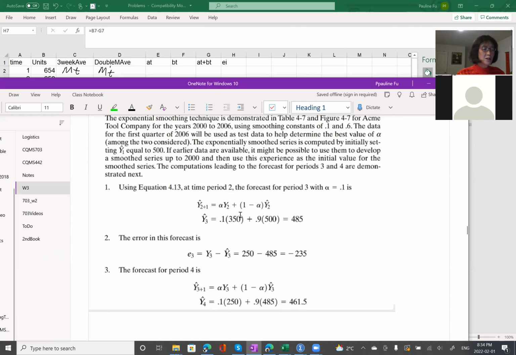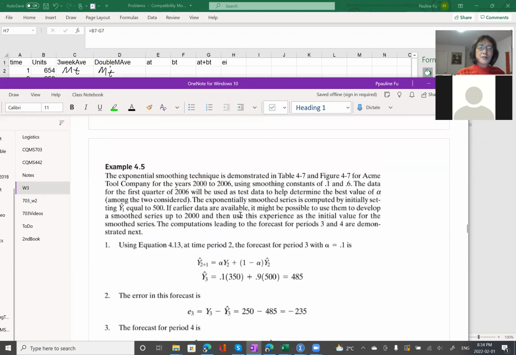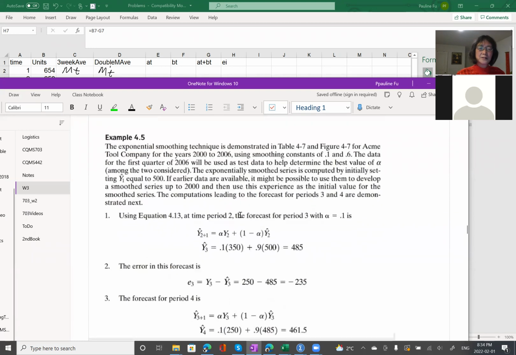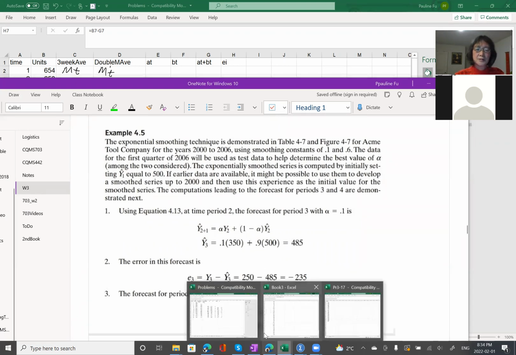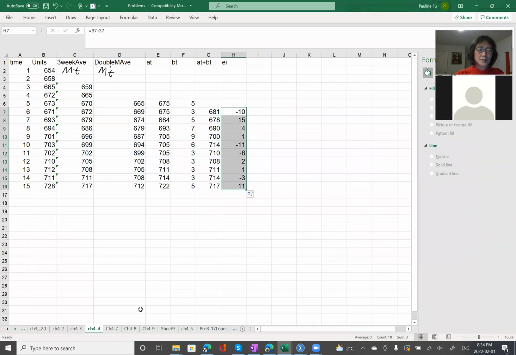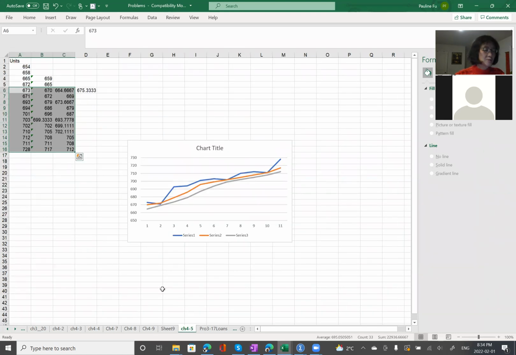So this data, 4.5. Try to locate the data for this one.